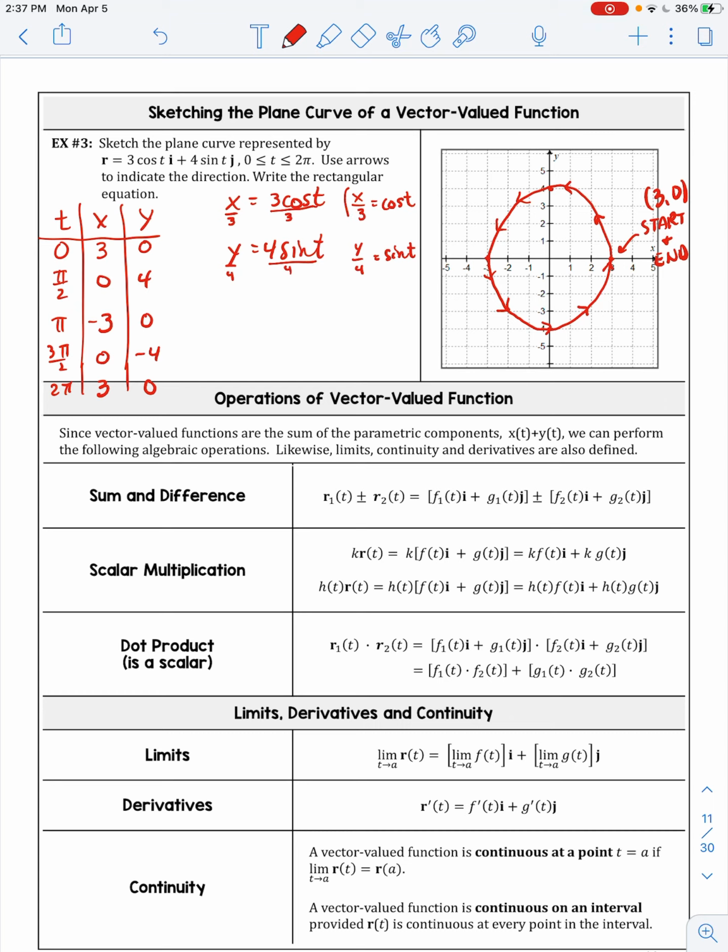I would square both sides. This would give me x squared over 9 equals cosine squared t. I would square both sides of this one. Y squared over 16 equals sine squared t.